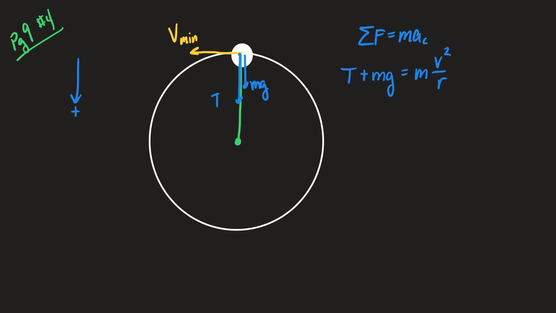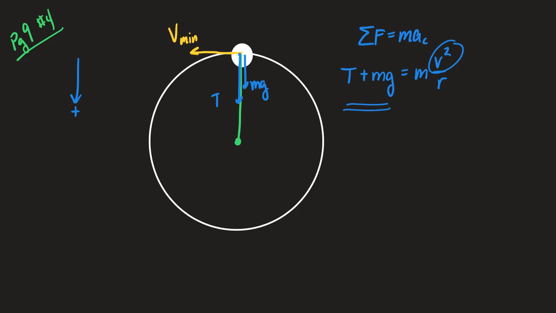Now, here's why this problem is different. We are not given a velocity and asked for the tension. We're asked for the minimum speed for it to make it over the top. The speed that it has to travel at is based on how much force there is acting on it.